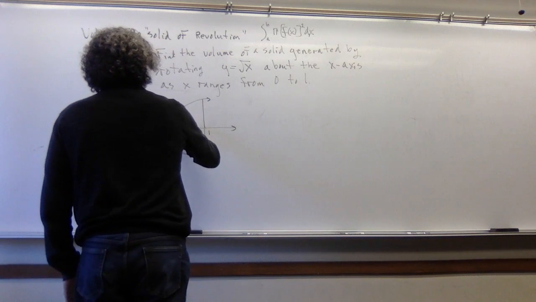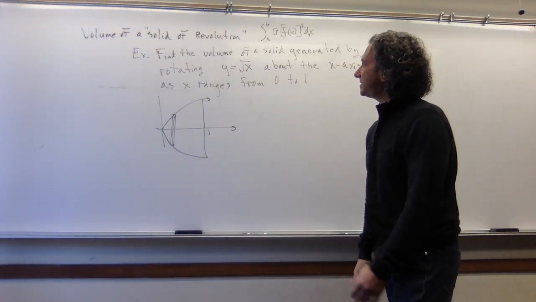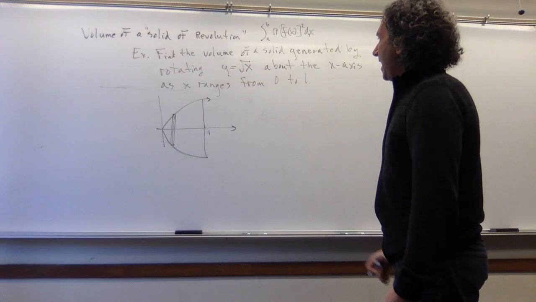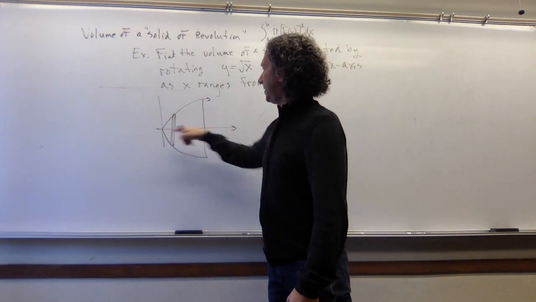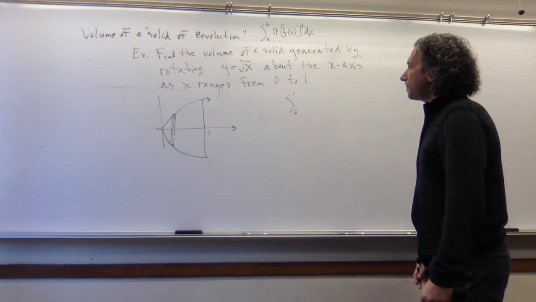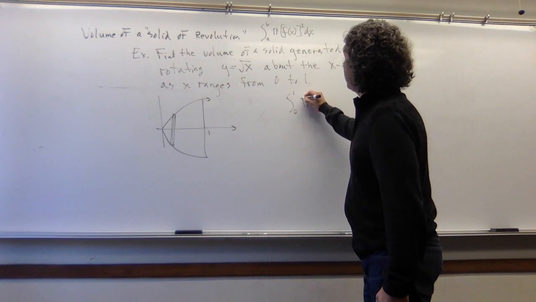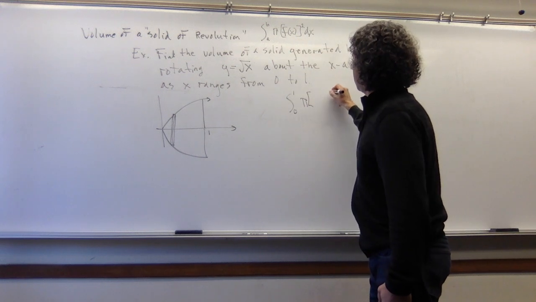Again, I'm going to draw in my typical cylinder, a little bit of artistic license. And then what I'm going to do is I'm going to add up these cylinders as x goes from 0 to 1. Pi times the radius squared dx.